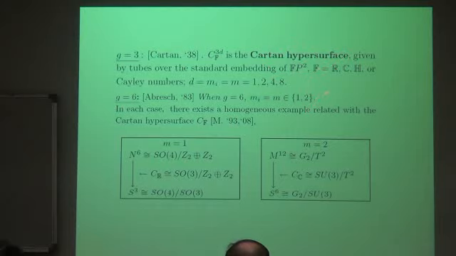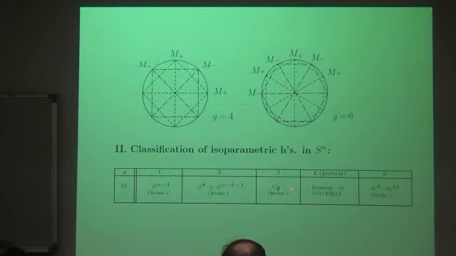So this is given as tubes over the standard embedding of the projective plane over F, which is real, complex, quaternion or Cayley numbers. And according to F, we take this d, the dimension being d, which is just the multiplicity of the principal curvature, given by 1, 2, 4, and 8. So this is called the Cartan hypersurfaces, and classification has been done for these three cases.